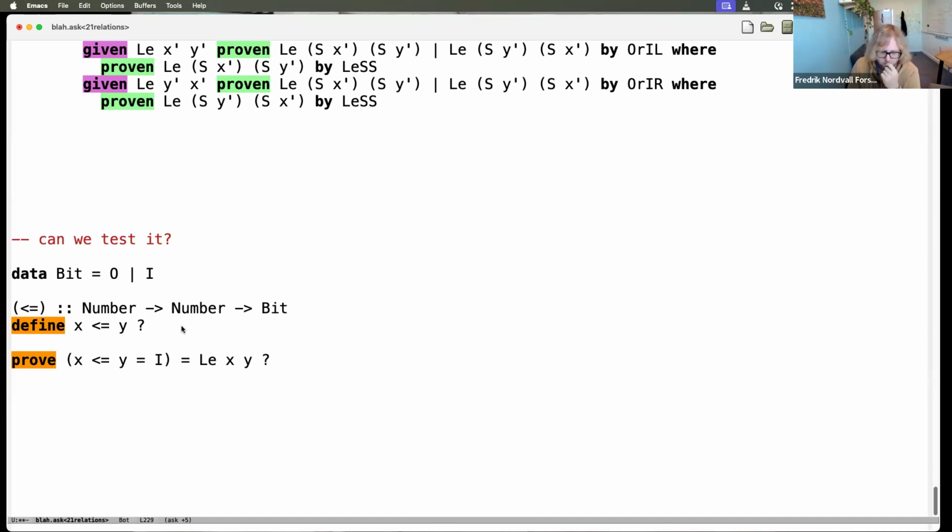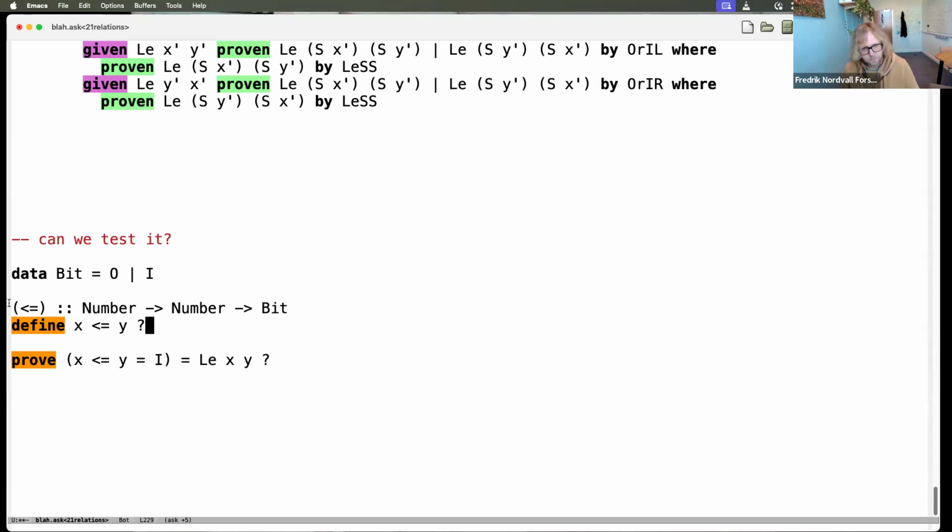So I've given myself a type of bits, O and I, looking like 0 and 1, representing false and true, respectively. So we had that last semester. And I'm going to write a function which tests whether X is less than or equal to Y. And because it's semester 2 and we're all grown up, we are allowed to define infix operators made out of symbols.